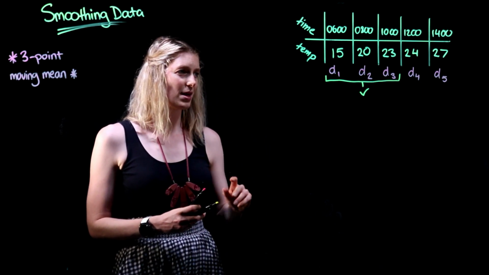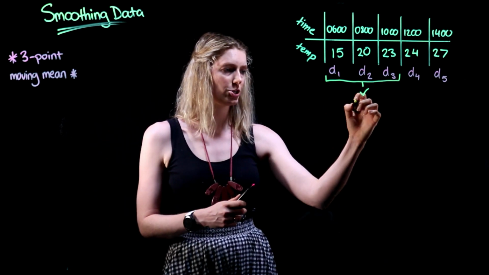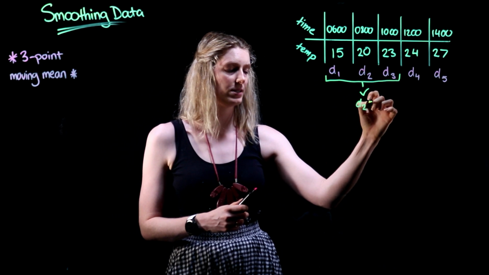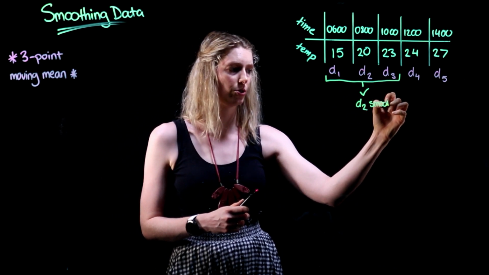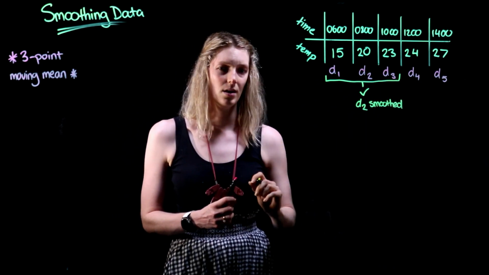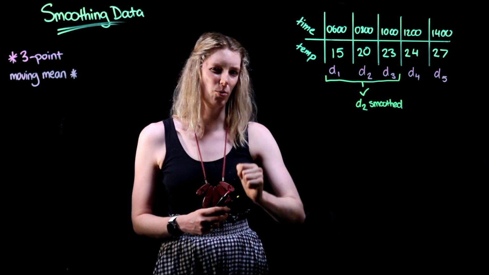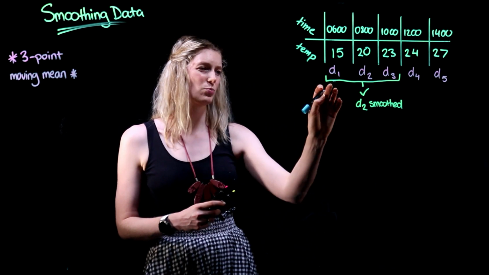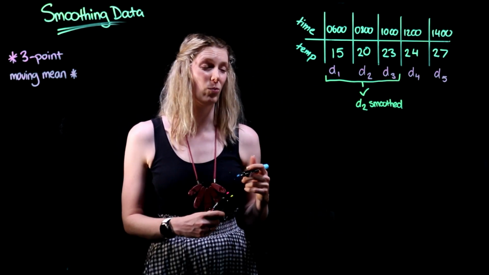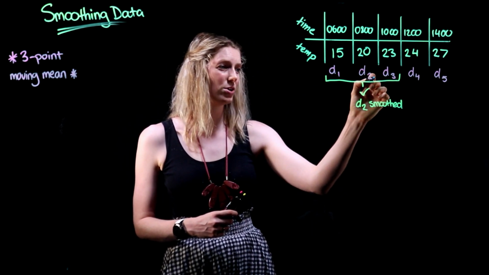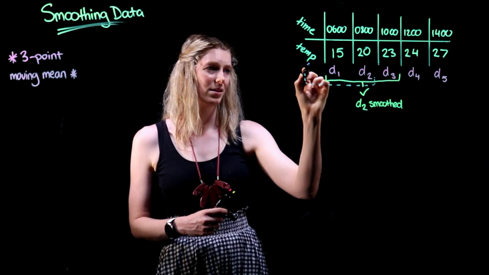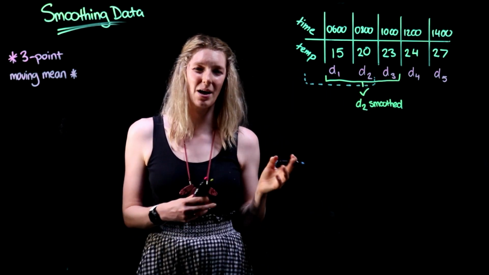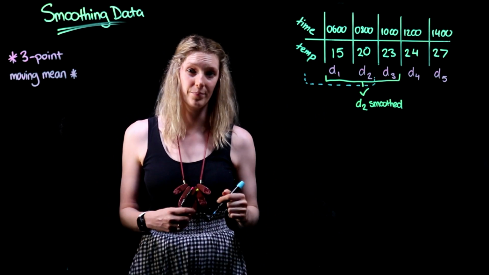You'll notice that this will then give us an average of data point 2. But we're missing out on data point 1. This is because if we try to smooth our data by having data point 1 as the middle, we'll notice that we don't have a data point here prior to data point 1.